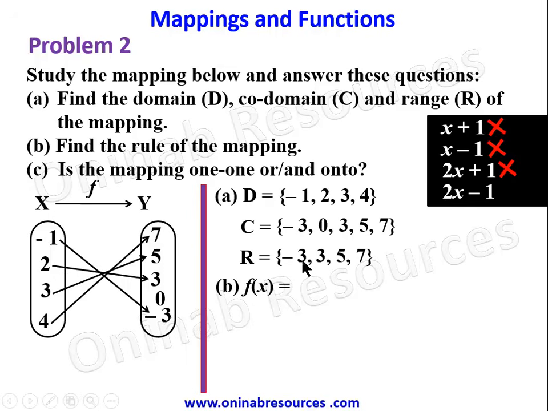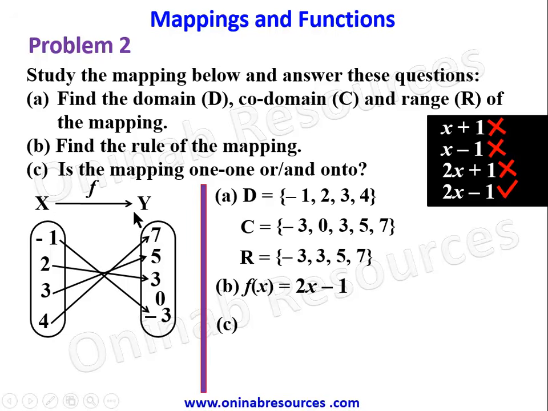We see 2 times 2 gives 4, minus 1 gives 3. Wow, that's correct. Then when x is 3, 2 times 3 gives 6, minus 1, 5. Wow, so this is the rule of the mapping. So we write f of x is equal to 2x minus 1.